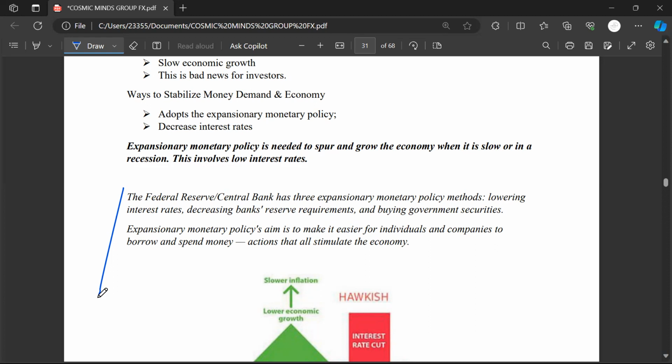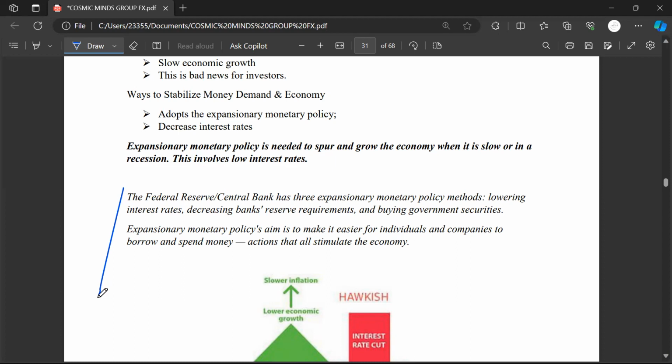In the expansionary one, they lower interest rates so that you can borrow more money. They decrease bank reserve requirements, right? They minimize them so that it doesn't become too difficult to actually meet them.